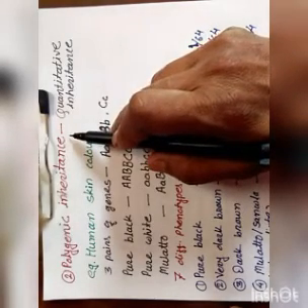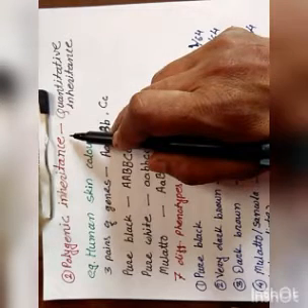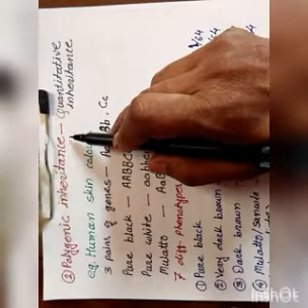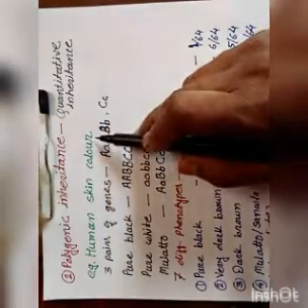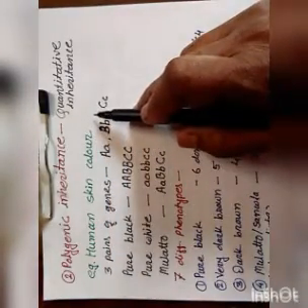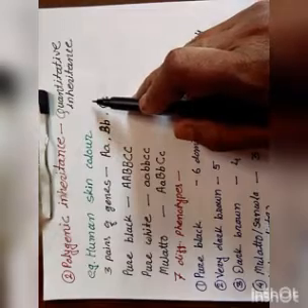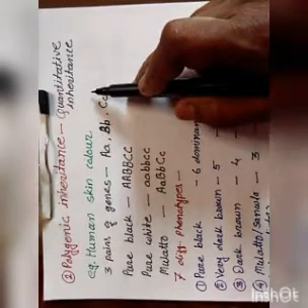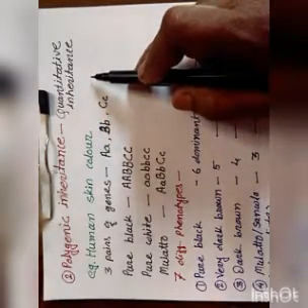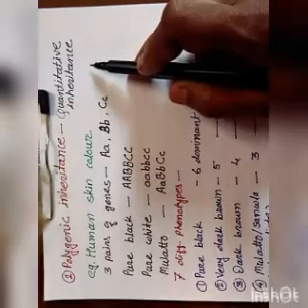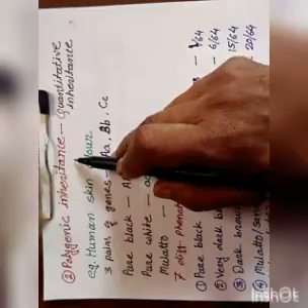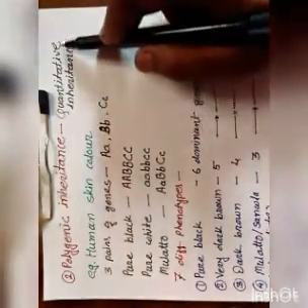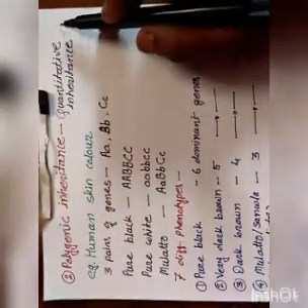The examples of polygenic inheritance in human beings are skin color, eye color, hair color, height, weight, and intelligence. This polygenic inheritance is also called quantitative inheritance.